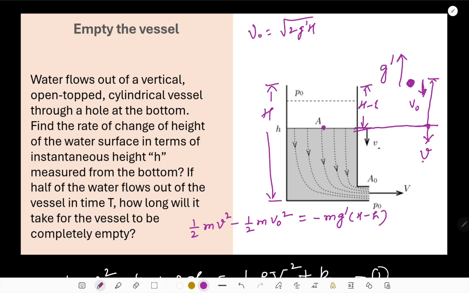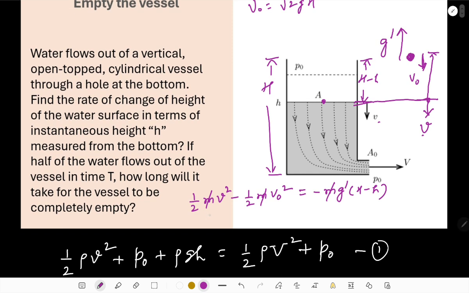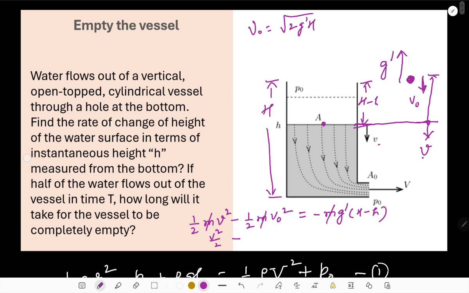and the height it lowered H minus h. And now you can simply cancel out m and write down the value of v naught, and you will get v square by 2 minus half v naught square, where v naught square is 2 g dash H, and you will get minus g dash H plus g dash h.